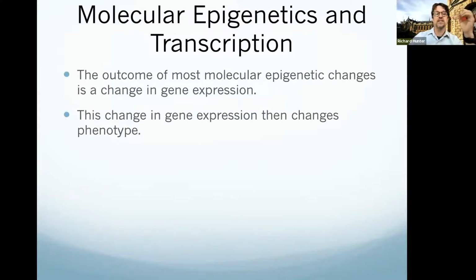Again, to emphasize this, most of what we're talking about when we're talking about molecular epigenetic changes are changes in gene expression. So these two things are pretty tightly linked. Gene expression is the thing that drives phenotype, whether it's in neurons or blood cells or whatnot.